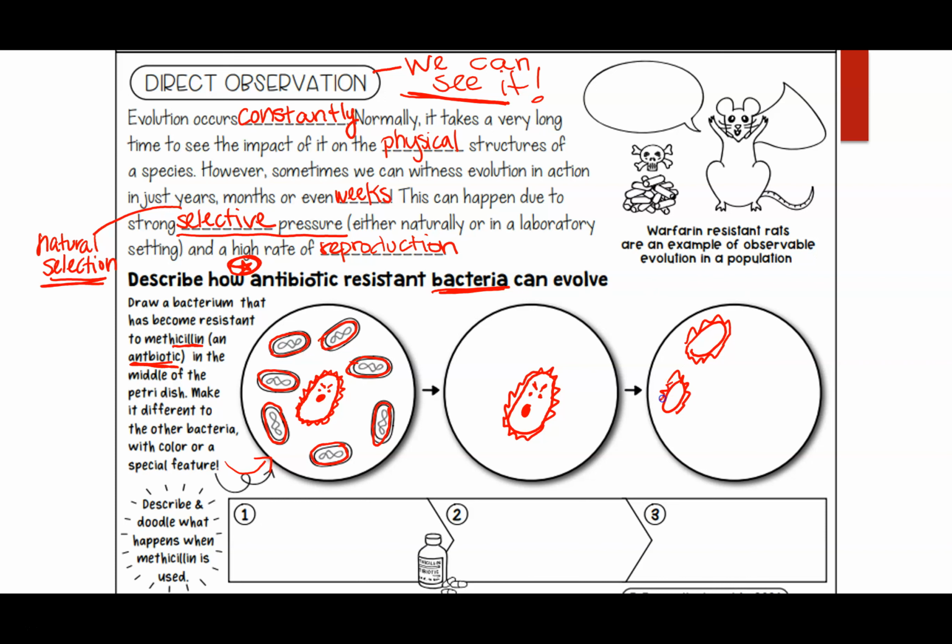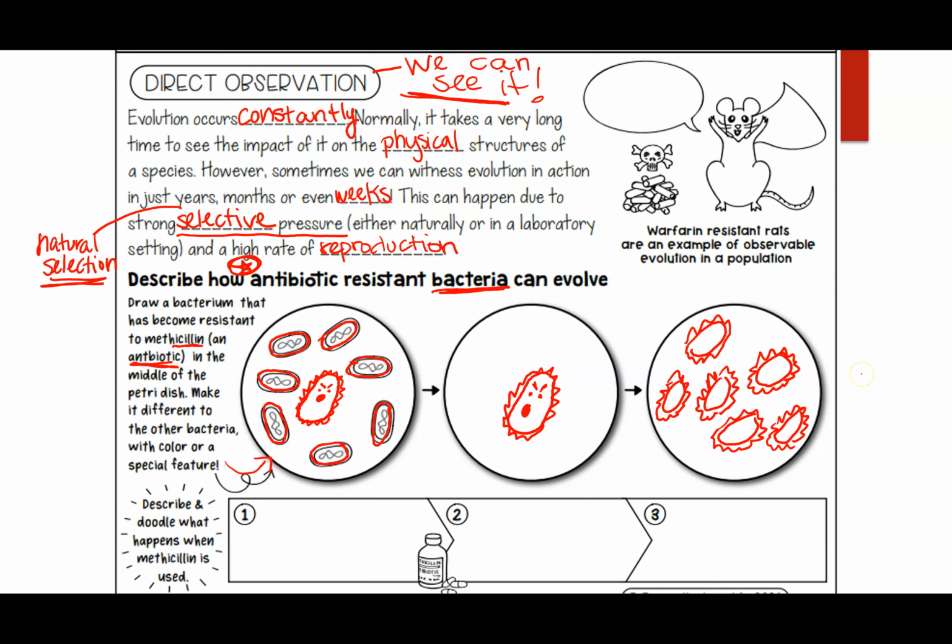Okay? All he has to do is split in two. Okay? And because there aren't any other bacteria in there, the regular bacteria, they're all gone. They got killed by the methicillin, okay?